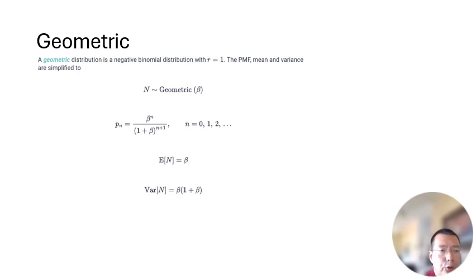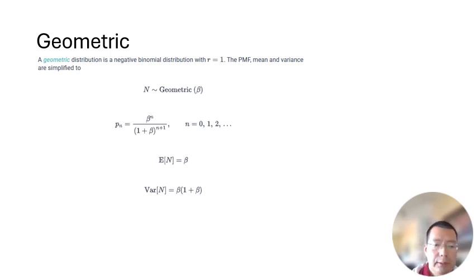Now let's talk about the geometric distribution. A geometric distribution is a negative binomial distribution with r equal to 1. The PMF, mean and variance are simplified to this. p_m would be beta to the power of m over 1 plus beta to the power of m plus 1.